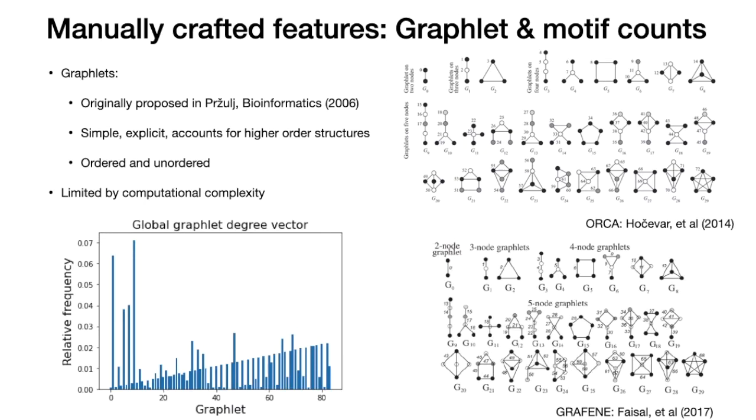And a node's graphlet degree vector is constructed by counting, for each graphlet, how many non-redundant instances of that graphlet that node participates in. This idea makes for a fairly simple method for understanding the role of a node in a graph.